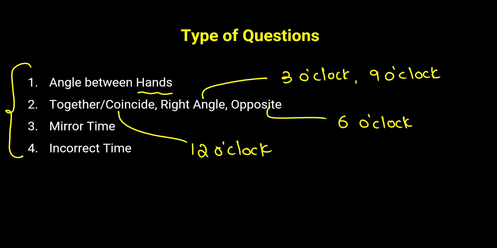If the time you see in the mirror is 3:30, what is the exact timing they'll ask you? Any guess? 8:30. If the time is 3:30 in the mirror, the correct time will be 8:30. If the correct time is 11:15, any guess what the mirror time is? If you see that in the mirror, what will be the time?